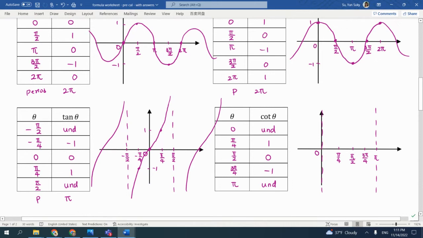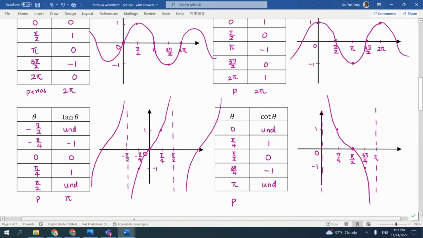And then at pi over 4, we have 1, so 1 right here, and then 0, and then -1. Connect them smoothly. So this is the cotangent.